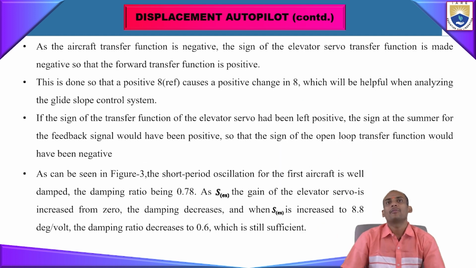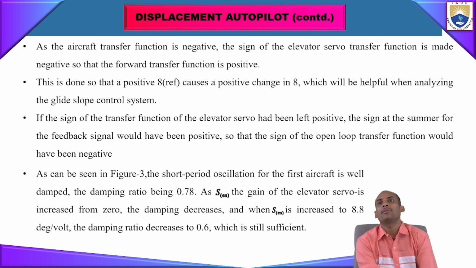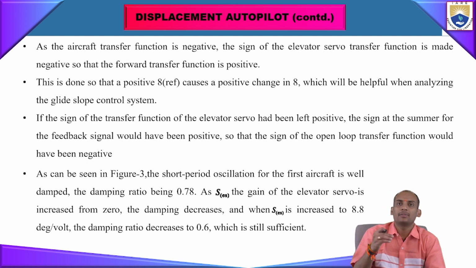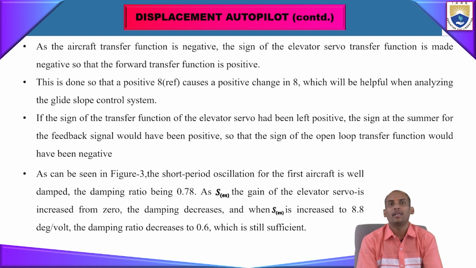After the aircraft transfer function is negative, the sign of the elevator servo transfer function is made negative, so that the forward transfer function is positive. This is positive with respect to the reference value we have given. It causes a positive change, which will be helpful when the glide slope control system is being designed.